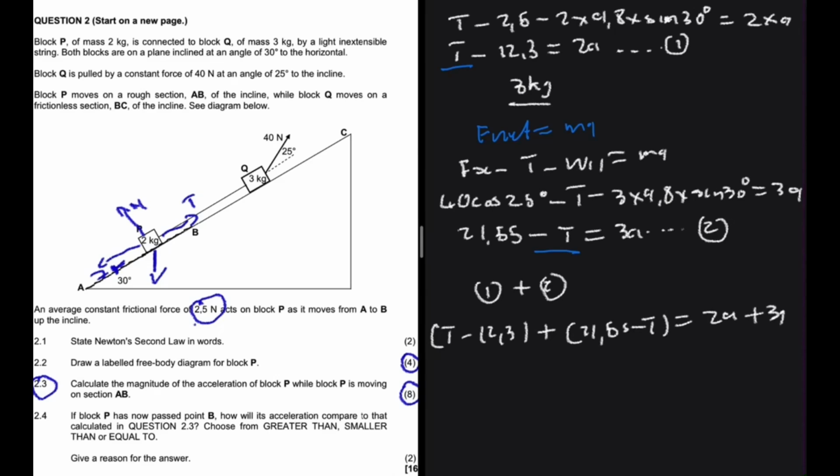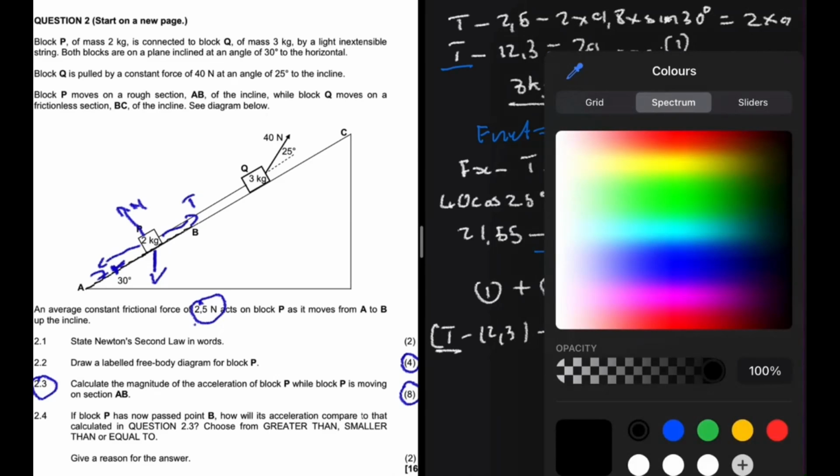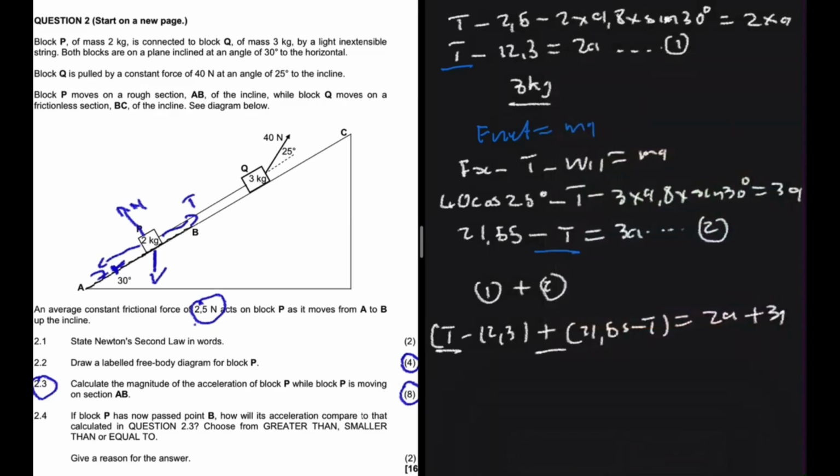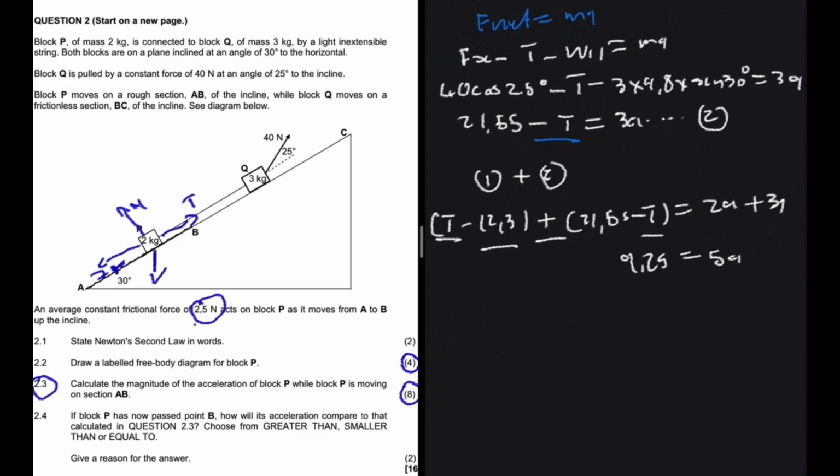T minus T will be 0, and then we're left with minus 12.3 plus 21.55, and that is giving me 9.25, which will be equal to 5a, right? So now it's just a matter of dividing both sides by 5.